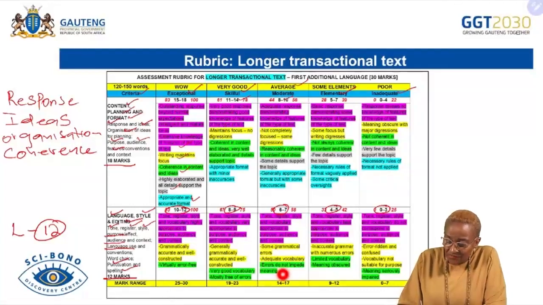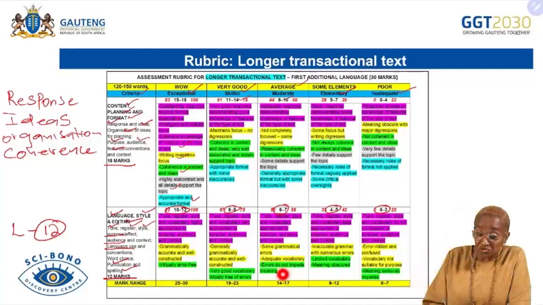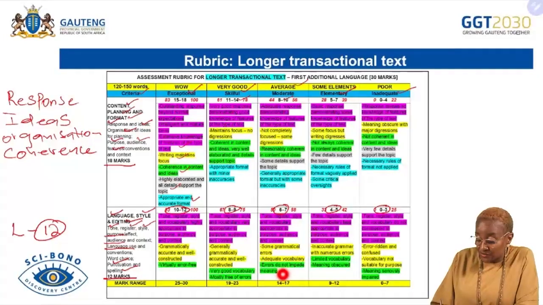Let us just have a look at the first category, which is exceptional under language, and see what is being said about those descriptors. It says there, the tone, the register, and the style and vocabulary highly appropriate to purpose, audience, and context. See that? Grammatically accurate and well constructed, virtually error-free.